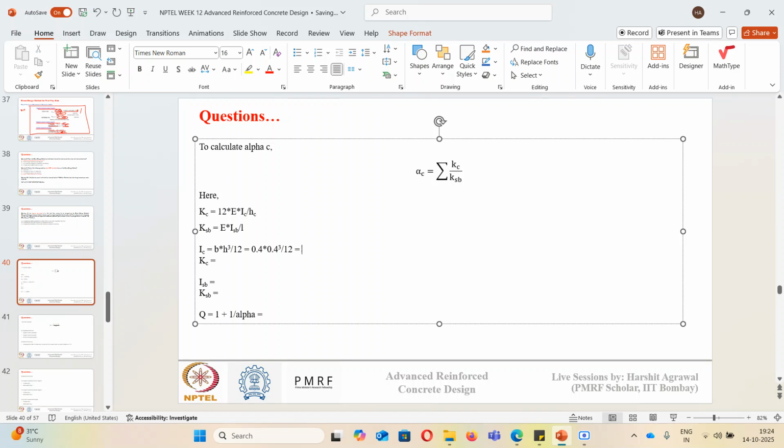The 400 by 400 column was given to us, so it will be 2.13 into 10 to the power minus 3 meter to the power 4. So this is Ic. Then Kc is 12 into E into Ic by Hc. Substituting the values, Kc comes out to be 2.19 into 10 to the power 8.